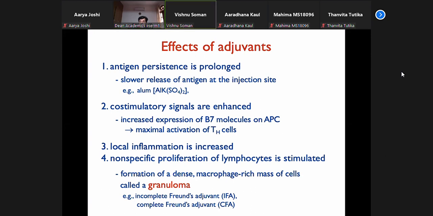Sir, in the fourth point, you said that this stimulates non-specific proliferation, but why do we require non-specific? Specific lymphocytes will get attached to these antigens and induce the response. What is the importance of non-specificity? Non-specific means the components of adjuvant are not going to stimulate your specific cells.